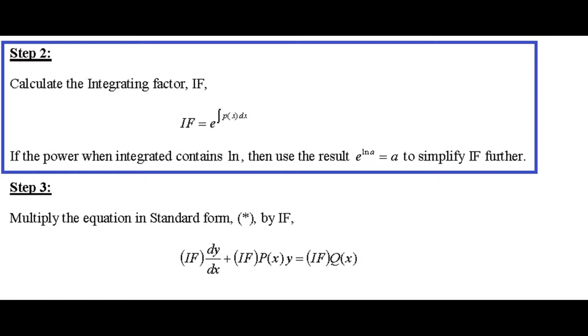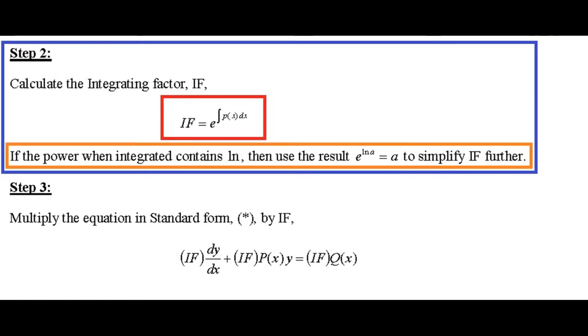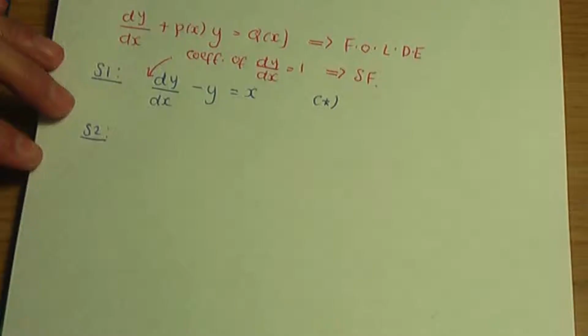And to calculate IF, the integrating factor, the formula is e to the power of the integral of p(x) with respect to x. And I made a note that if the power when integrated contains ln, then go one extra step, use the result e to the ln a is equal to a to simplify IF further. So bearing all of that in mind, back to the paper and pen.